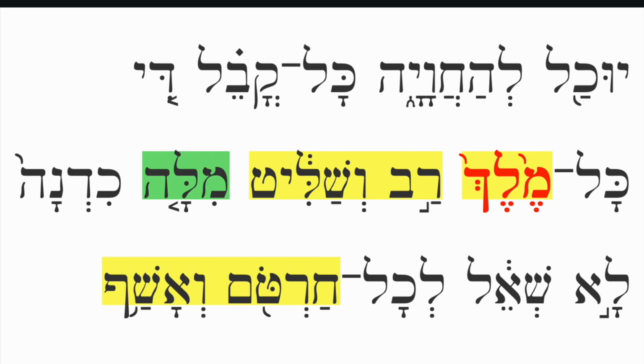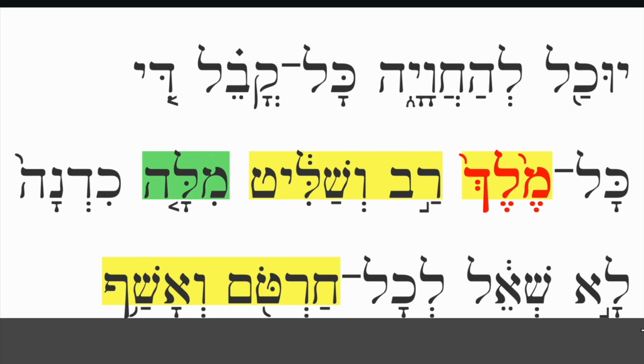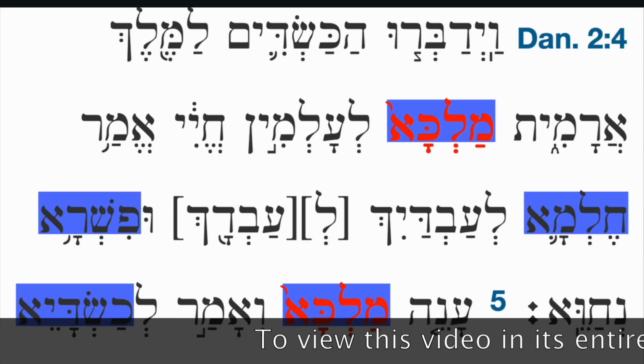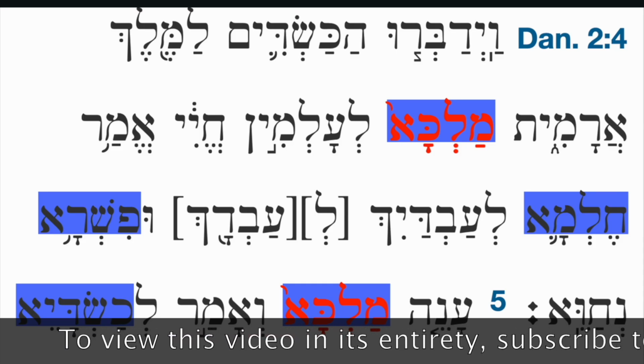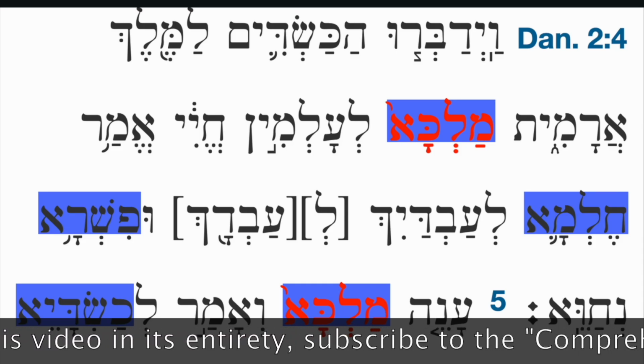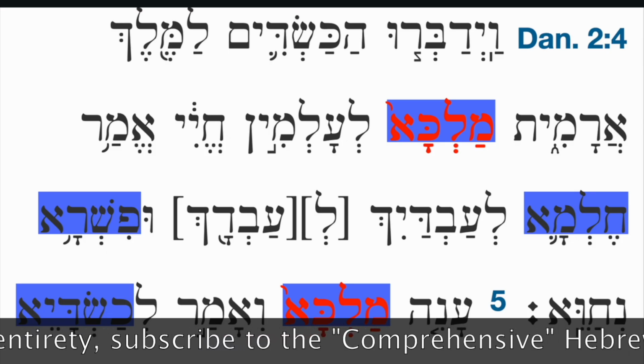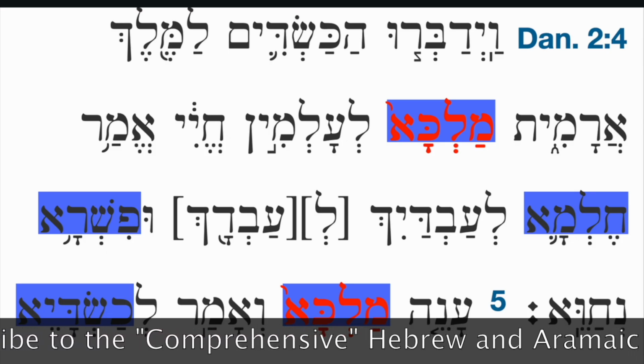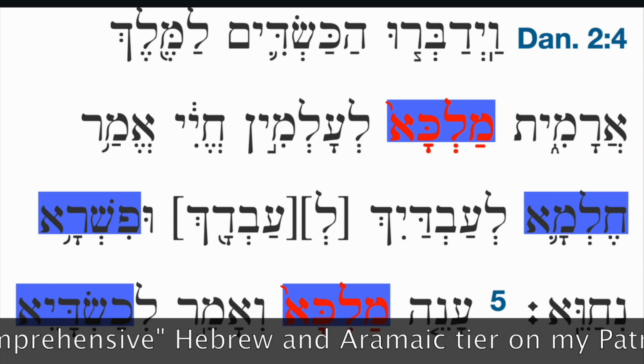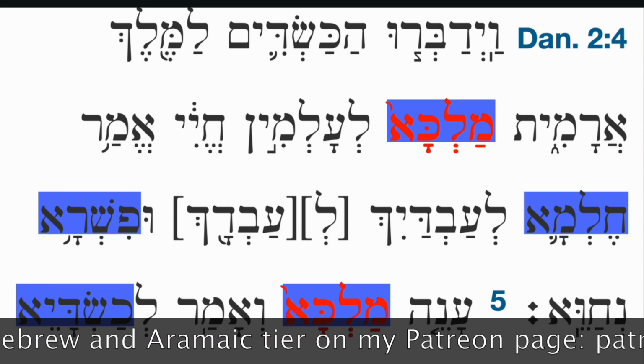But the one we're choosing on this page among the 5 that you see is the word melech. And on its own, it would mean king or a king. In this case, kol melech would be every king or any king. Now, in Daniel 2:4, we get the determined form, and notice what happens. It becomes malkah. In fact, malkah is the first Aramaic word in the book of Daniel, malkah.